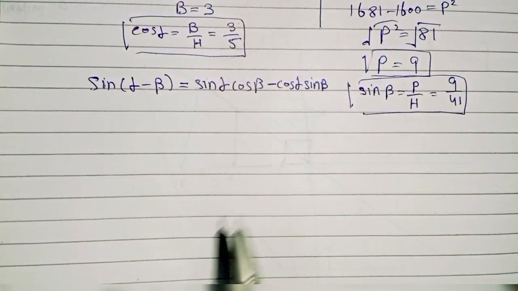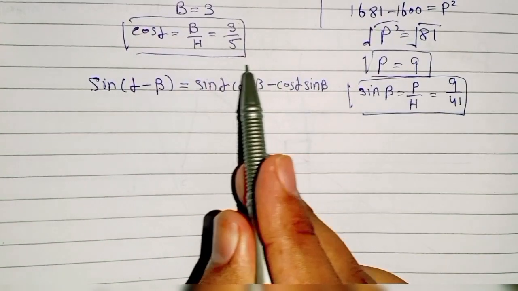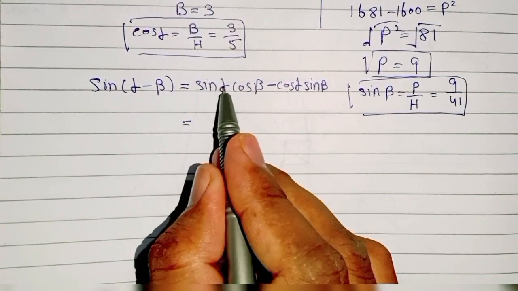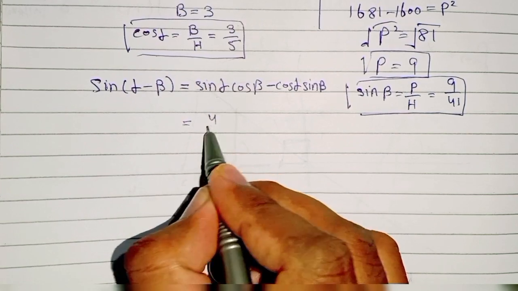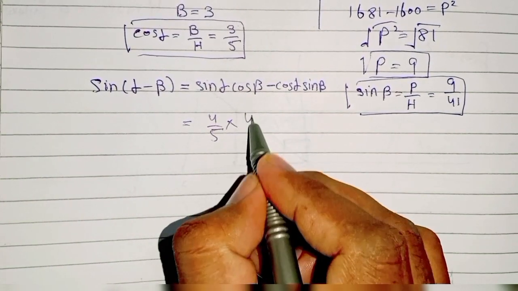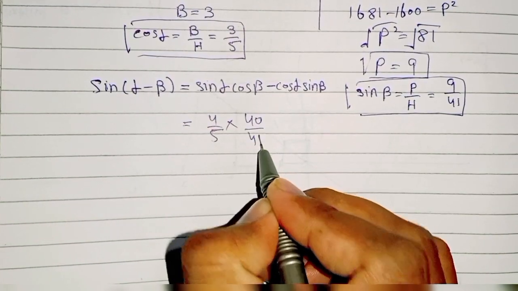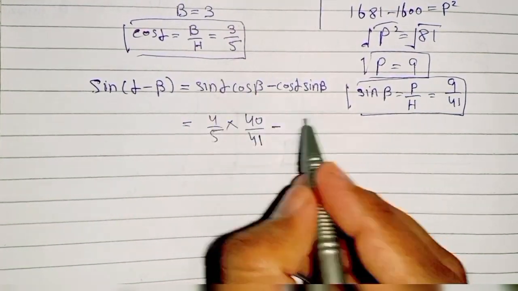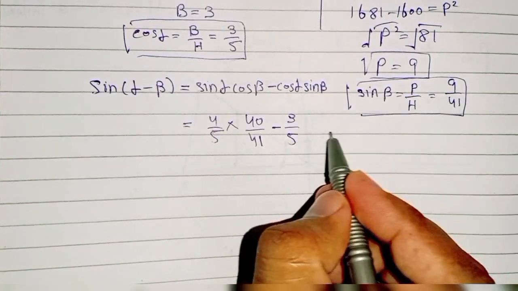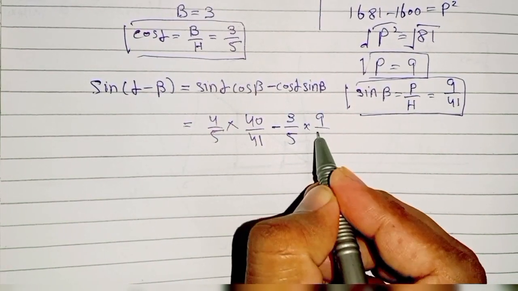Now putting the values of all four functions, we obtain sin alpha is equal to 4 over 5, cos beta is 40 over 41, minus cos alpha is 3 over 5 and sin beta is 9 over 41.